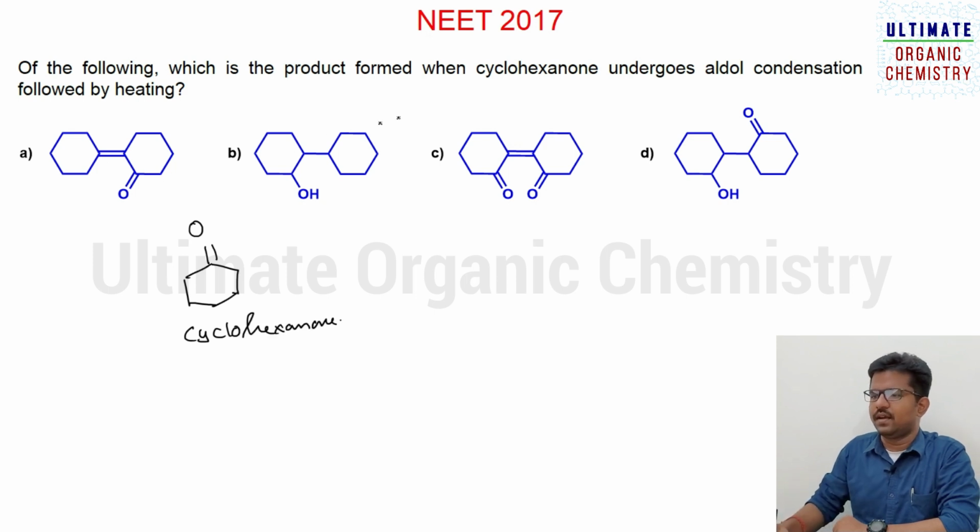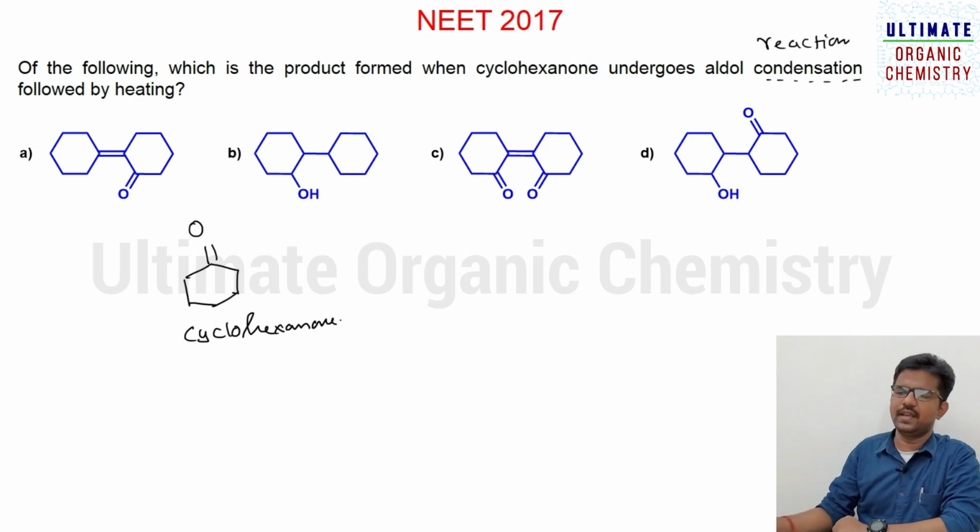So they said when cyclohexanone undergoes aldol condensation followed by heating. Actually, instead of condensation, they should have given aldol reaction followed by heating. But in the question, they gave aldol condensation only. But anyway, we need the final answer only, right? So please remember, it should be aldol reaction, not aldol condensation.